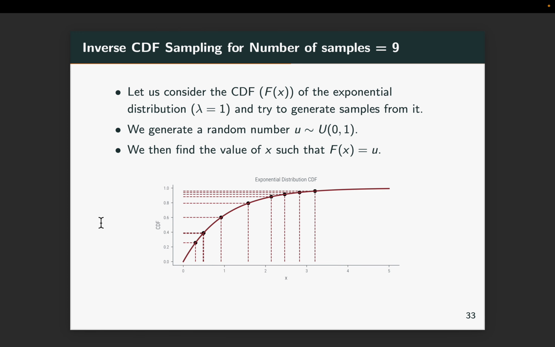I've mapped each of the samples to the CDF, found the corresponding sample in x. What we're saying is that the samples you obtain by finding the inverse of the CDF are distributed as per the distribution of interest, which is the exponential distribution.